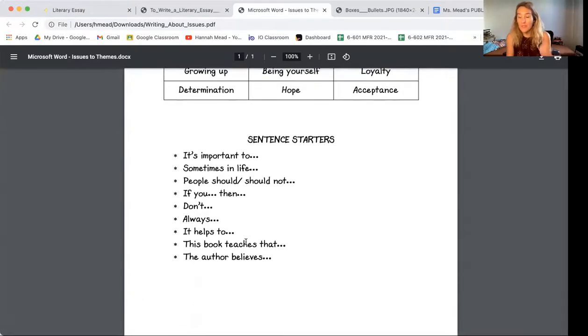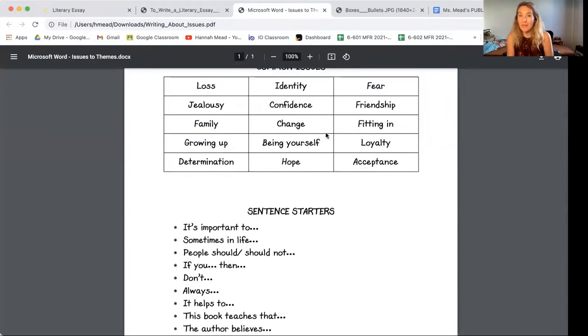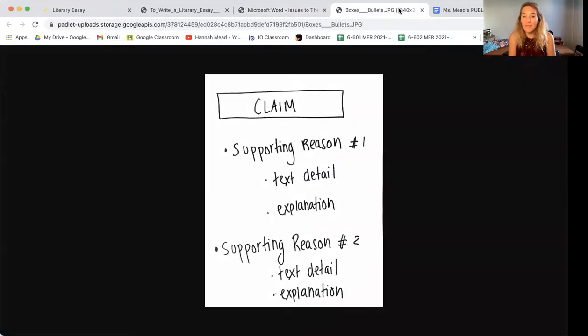You could even borrow some sentence starters to get yourself going. And then let yourself plan it out. Make it simple. Follow our boxes and bullets structure to get your ideas down so that you can share them with other people who have also taken this next step in literary essay writing as well.